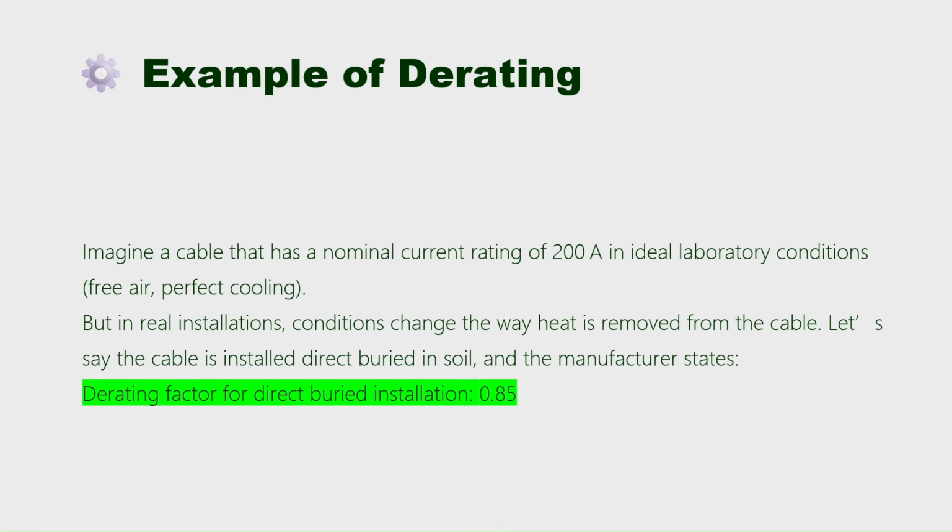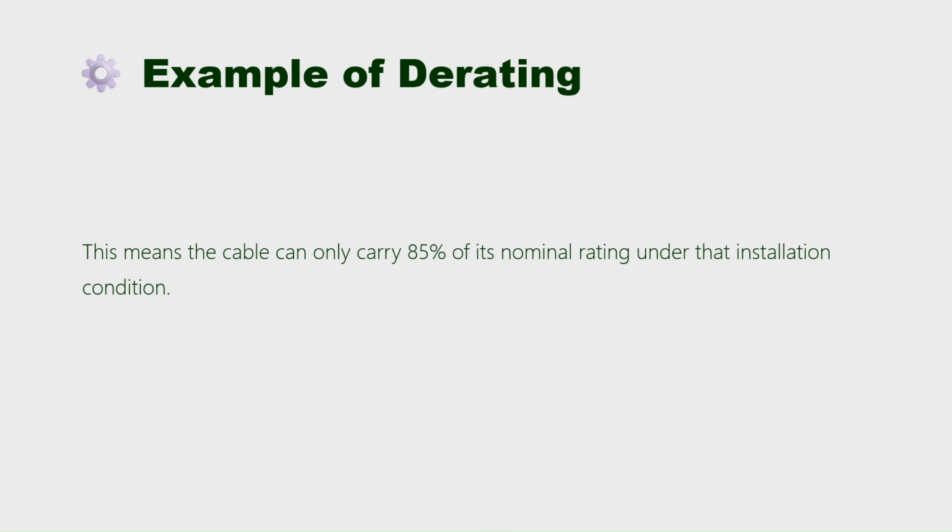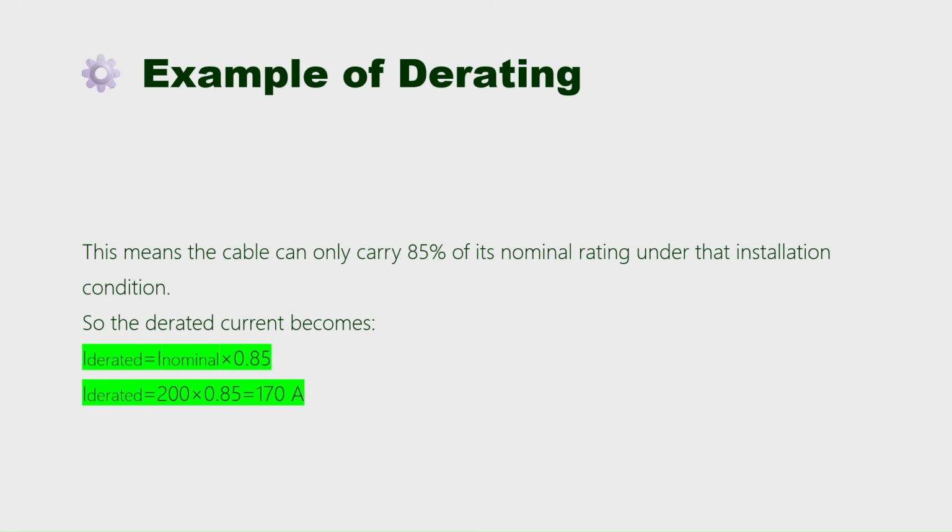This means the cable can only carry 85% of its nominal rating under that installation condition. So the derated current becomes I derated equals I nominal times 0.85. I derated is 200 times 0.85 equals 170 amperes.